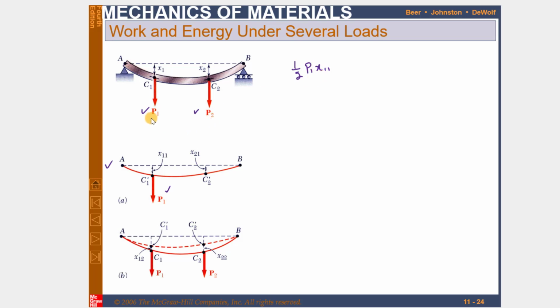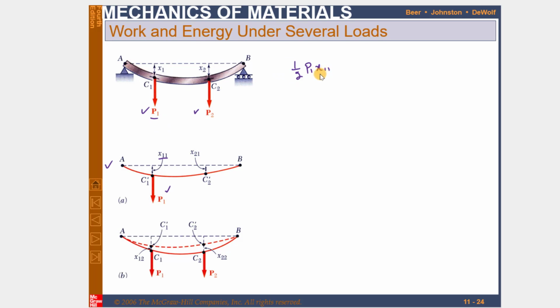Now you can see when you apply a load P1 at C1 point, clear? So there will be a deflection X11, and we have already discussed that this work done is equal to product of load into the displacement in direction of load. As the work done is in elastic range, the total work done due to load P1 is equal to 1 over 2 P1 into X11.